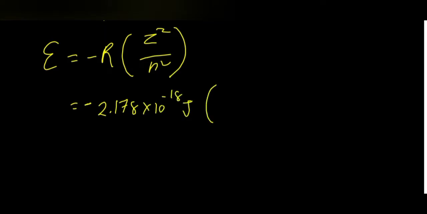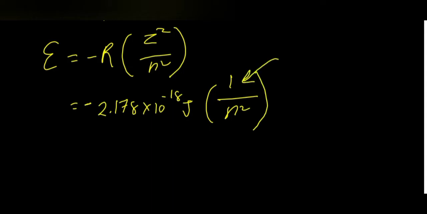And then Z is the atomic number. Now because Bohr's model works on a hydrogen atom, and a hydrogen atom has an atomic number of 1, we use 1 over n squared. If the questions refer to a hydrogen atom, you always use 1 on top there.